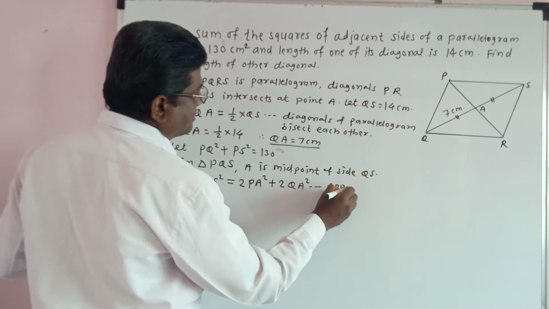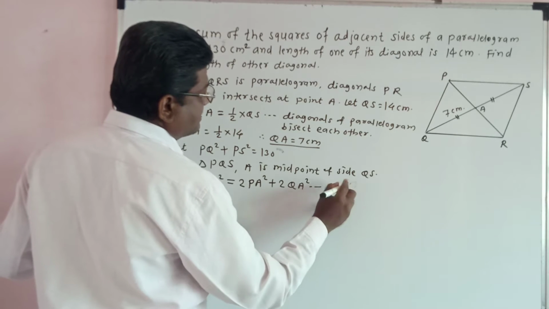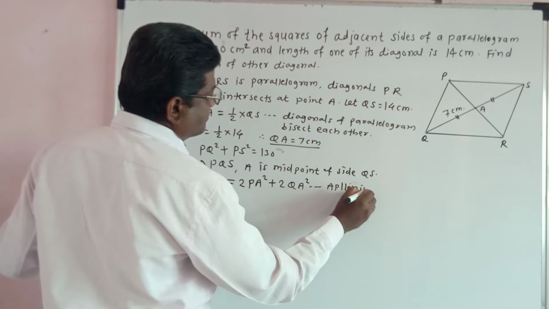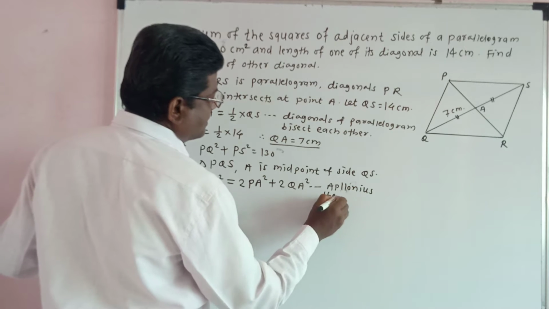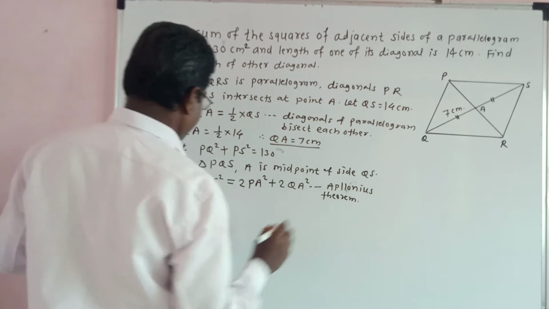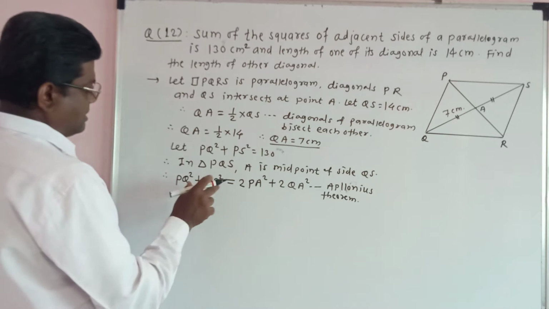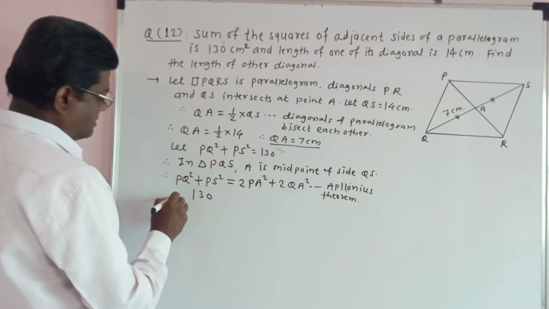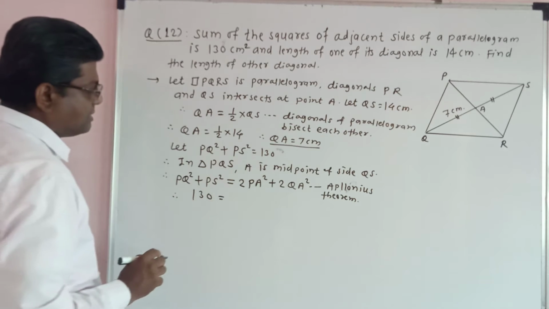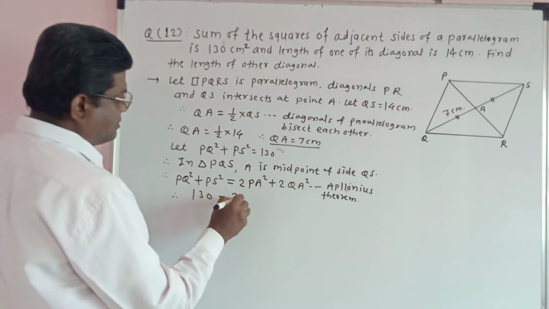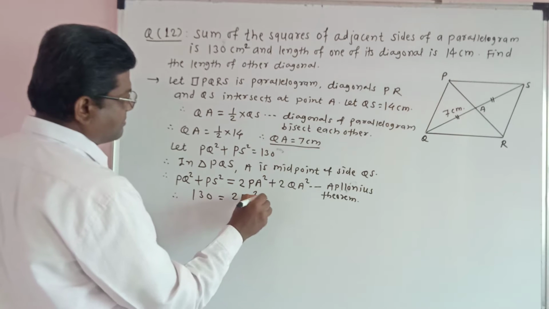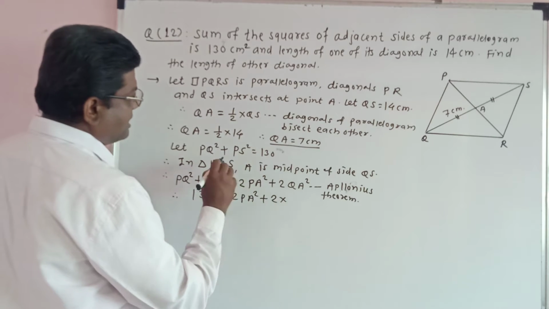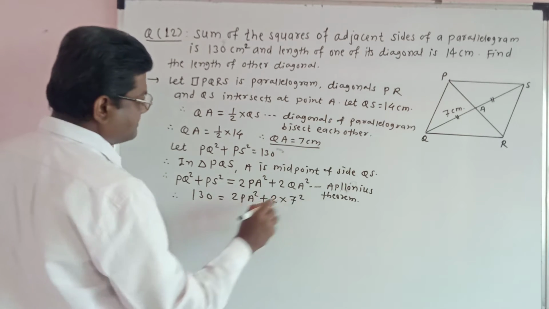Reason is Apollonius theorem. Therefore, PQ square plus PS square is 130. Therefore, 130 is equal to 2 into PA square plus 2 into QA, which is 7, square.